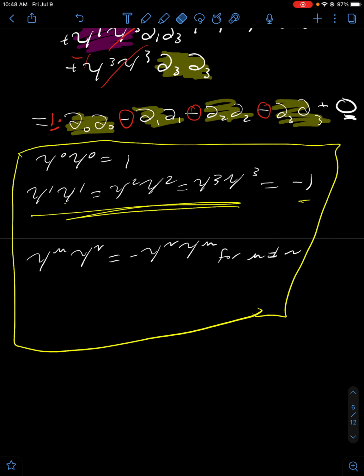Now, there is actually a way to combine these 3 statements into one equation, and that's the Dirac Commutator.